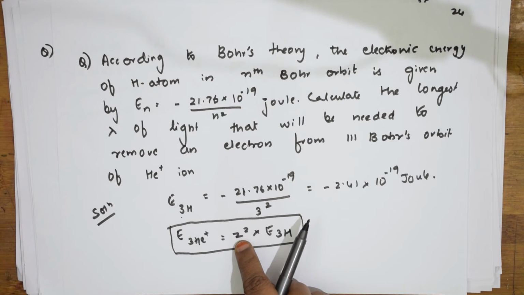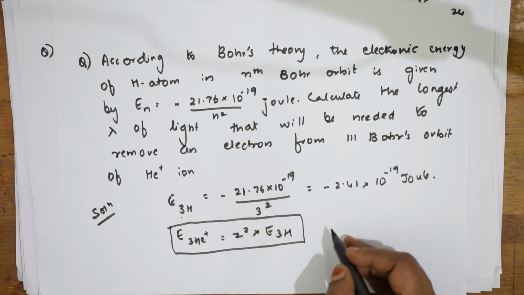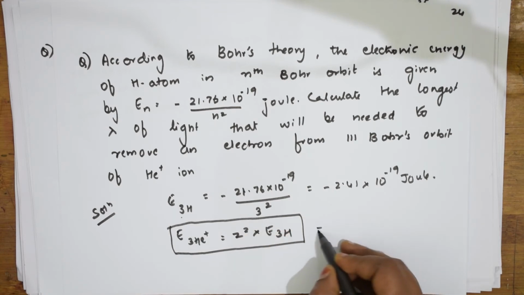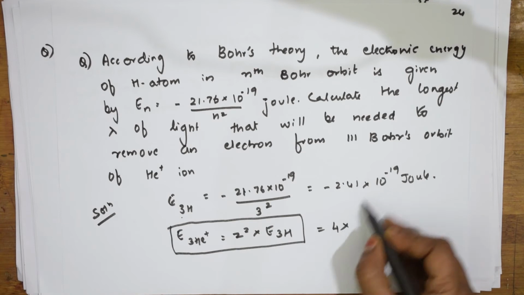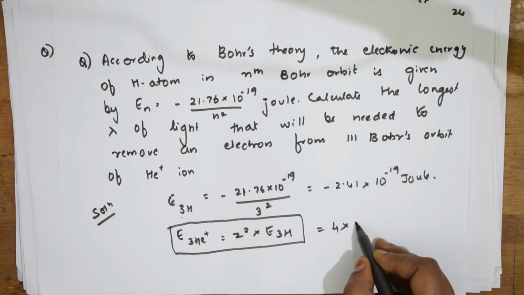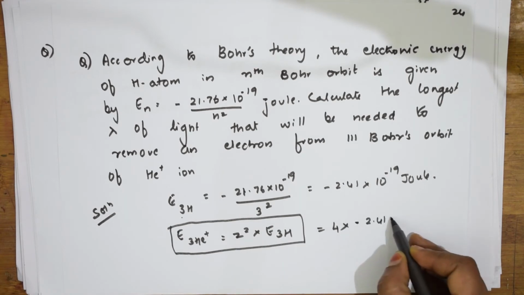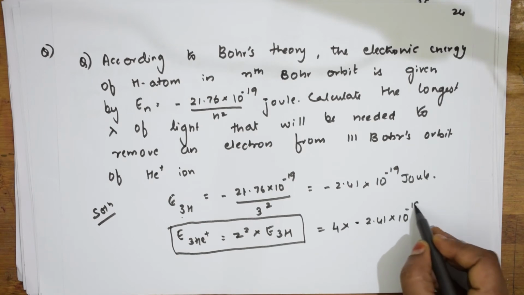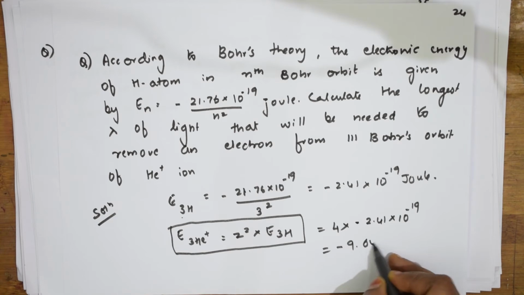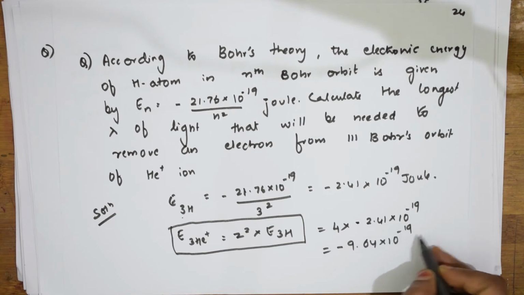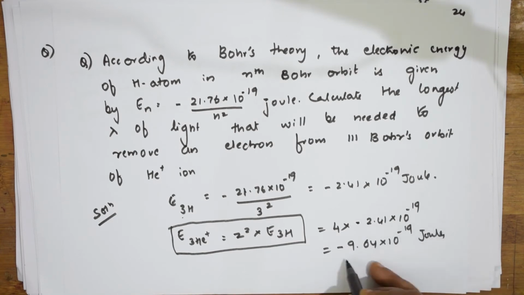Helium is 2, 2 square is 4. So let's substitute. Z square is 4 into E of hydrogen, which is minus 2.46 into 10 raised power of minus 19. So when I solve this, I get an answer of minus 9.64 into 10 raised power of minus 19 joules. Okay, this is over.